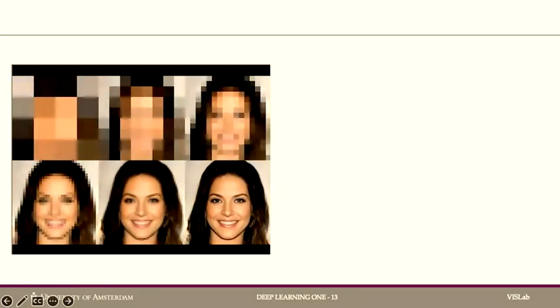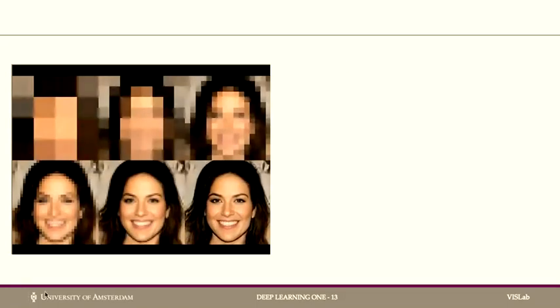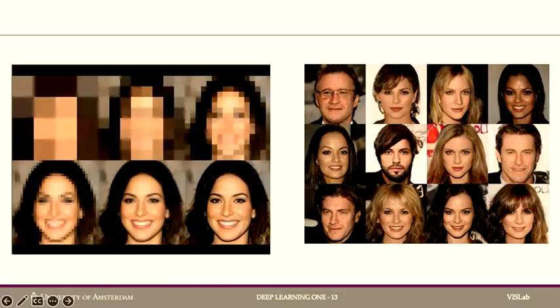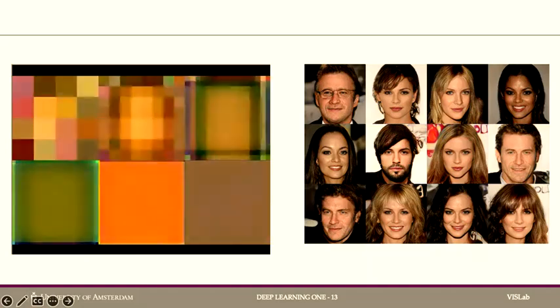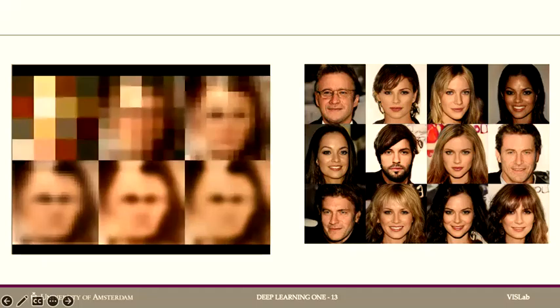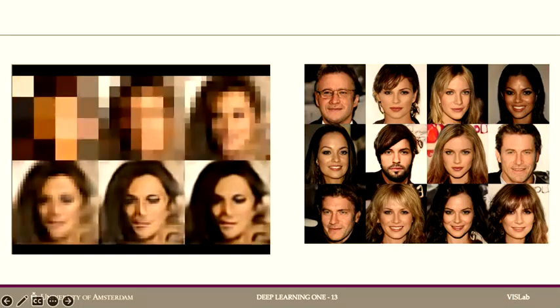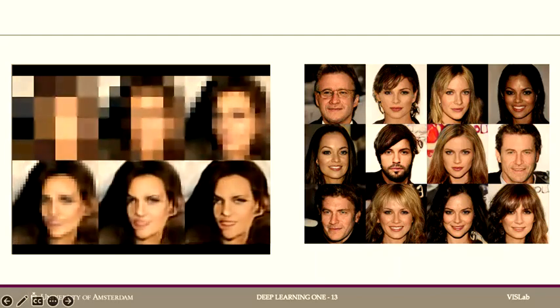You can see that it's slowly starting to become more and more accurate and more realistic. And in the end, you end up with pictures like these. Curiously, you might also notice that they're not a particularly diverse bunch, and we'll talk about that towards the end of the lecture.